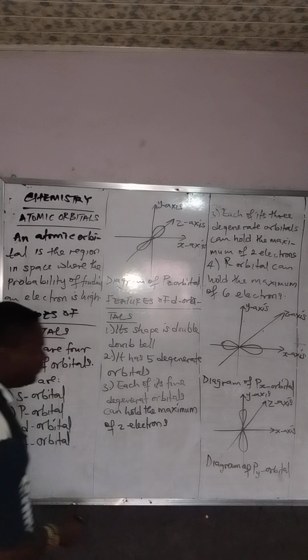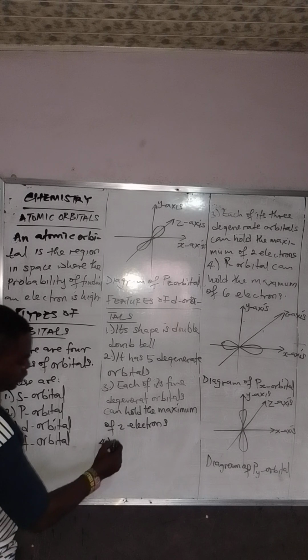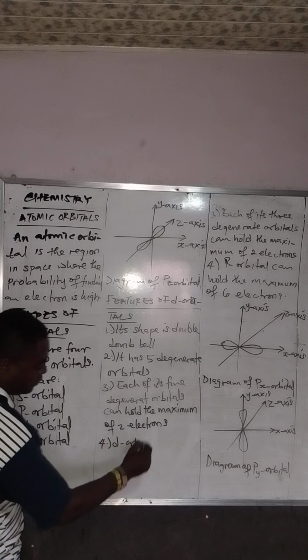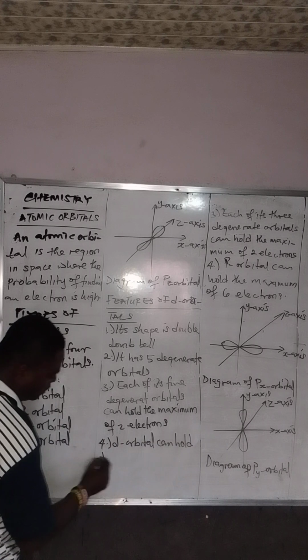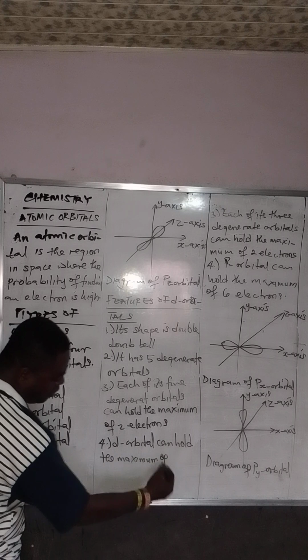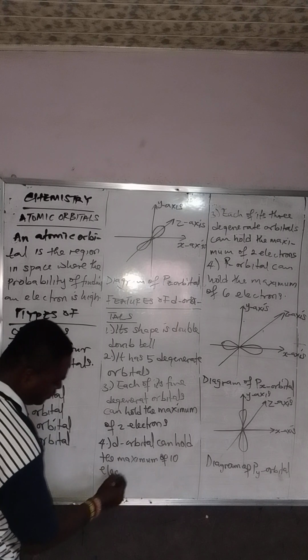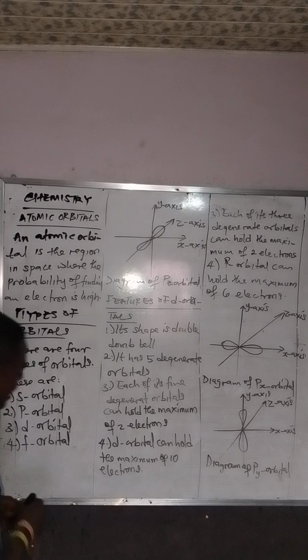So if each of the 5 carries a maximum of 2, then the total number will now be what? So d orbital can hold a maximum of 10 electrons. Add all, 2 times 5, that's 10 electrons.